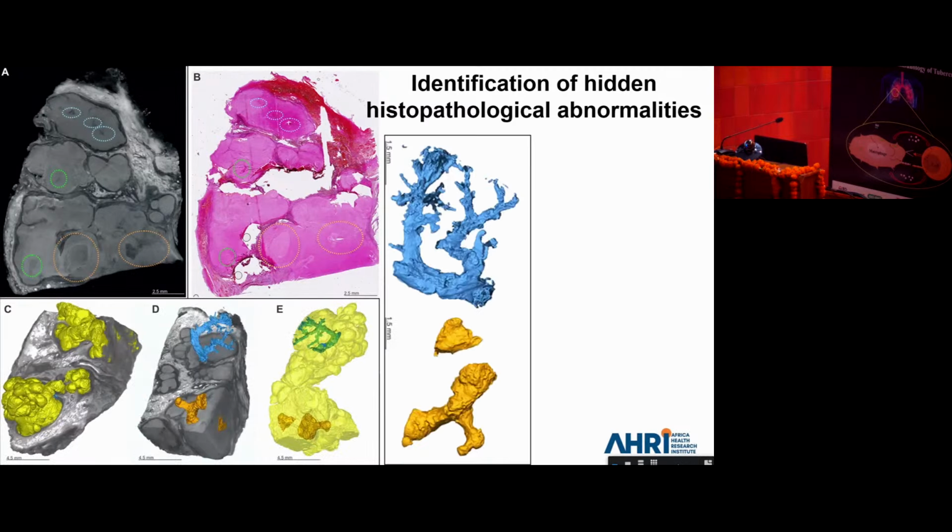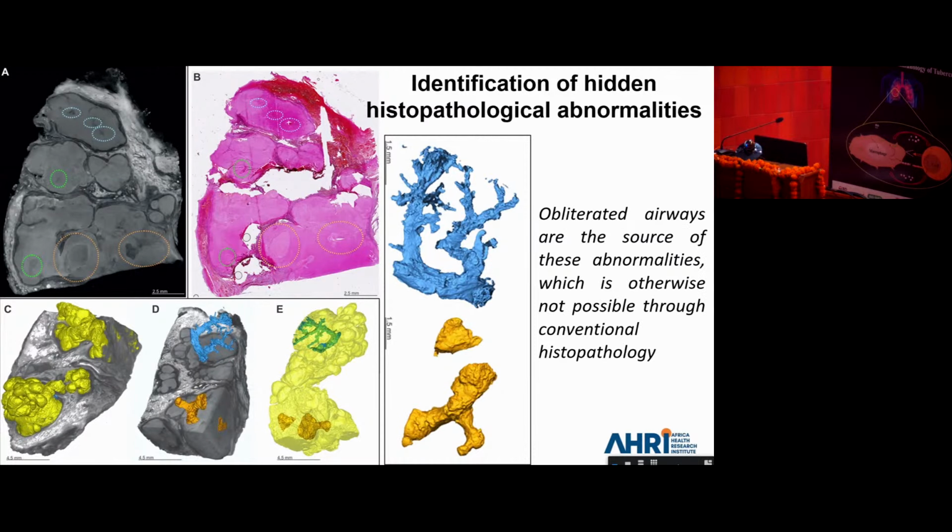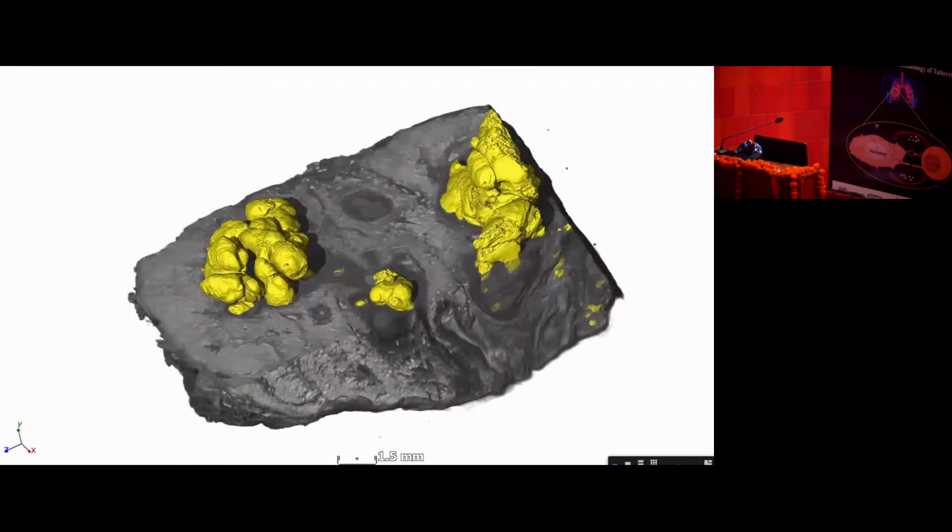And lo and behold, what came out from those necrotic lesions was actually obliterated airways. So these obliterated airways are the source of these abnormalities, which is typically not possible to see through conventional histopathology, simply because it's too deep. And I will illustrate this in the video.